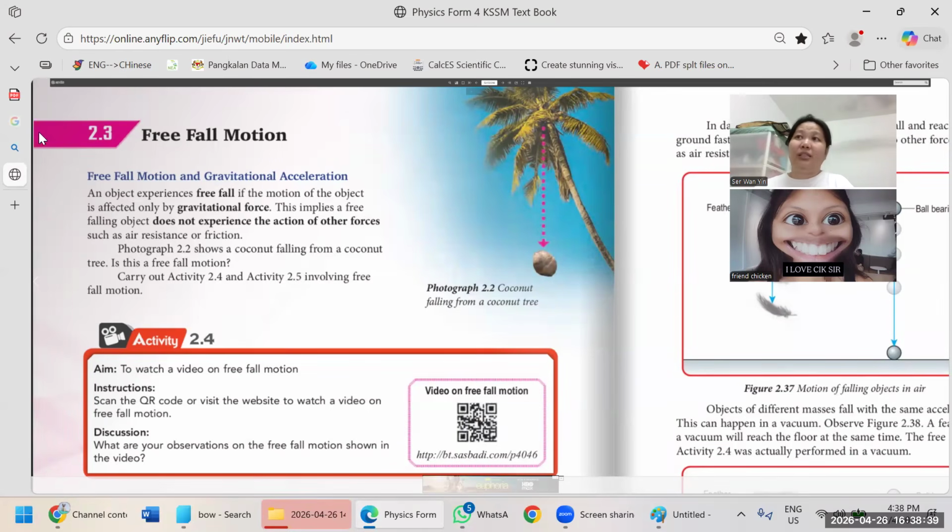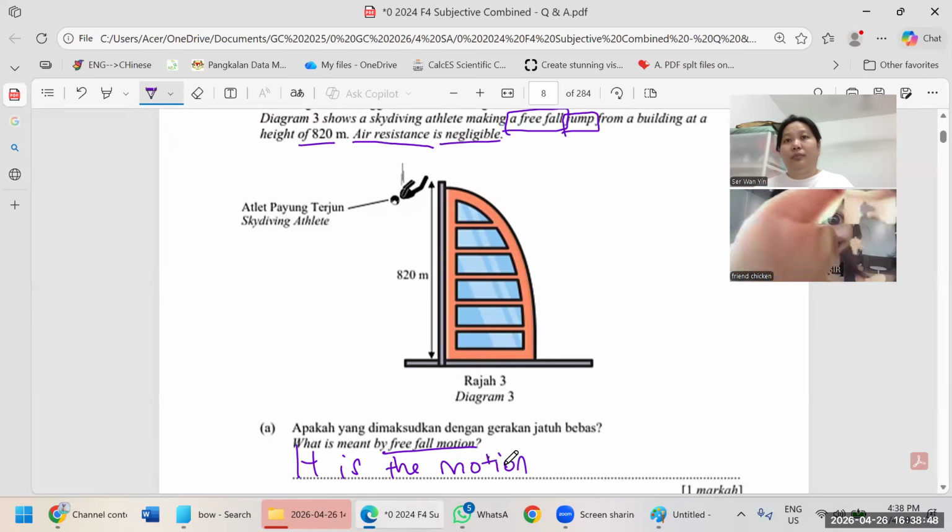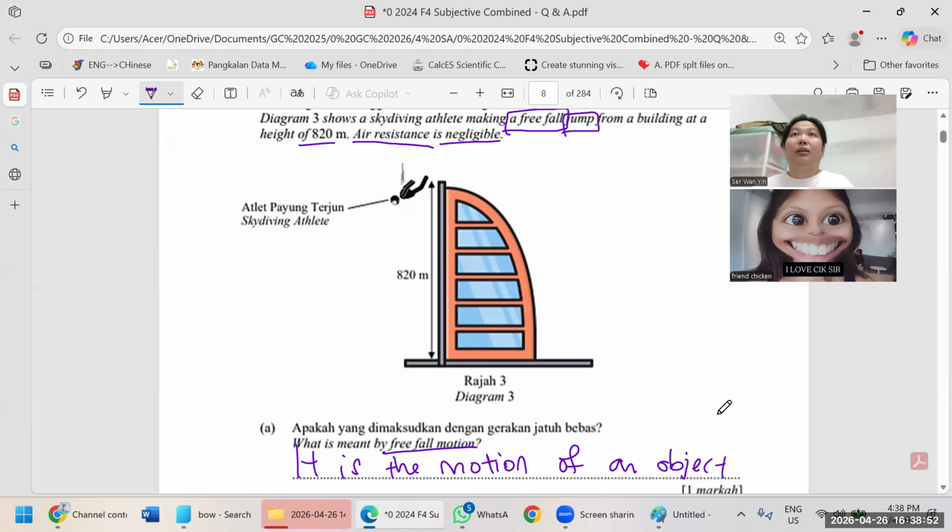Okay. It is the motion of an object. Fast, jot down already. Very good.